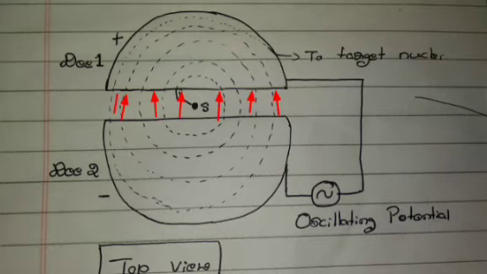The direction of the electric field between D1 and D2 is in the upward direction, because there is a potential difference. So the particle at the center of this gap will start to move in the upper direction, towards D1, and it enters into D1.